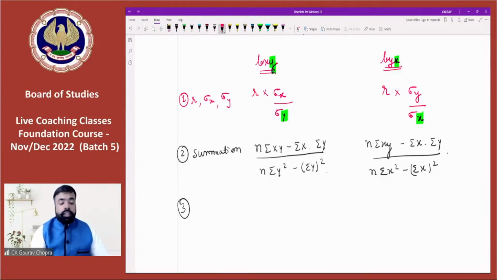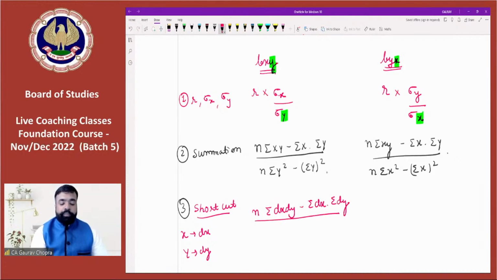Now the third one. The third formula is basically the shortcut method. Here, in place of x, just write dx, and in place of y, just write dy. So what is the formula? bxy is n sigma dx dy minus sigma dx into sigma dy upon n sigma dy square minus sigma dy whole square.